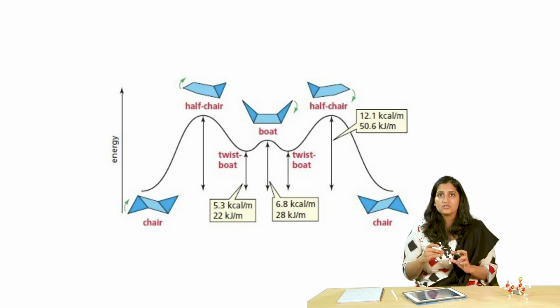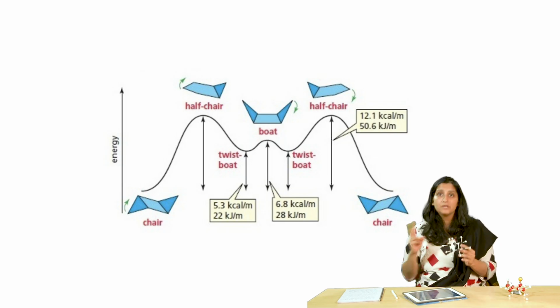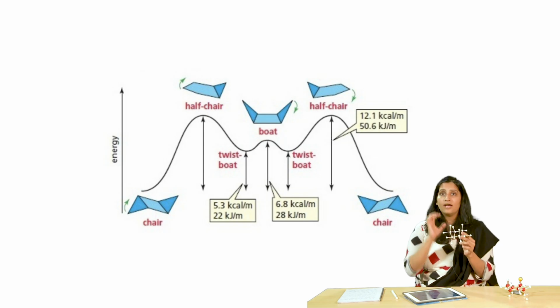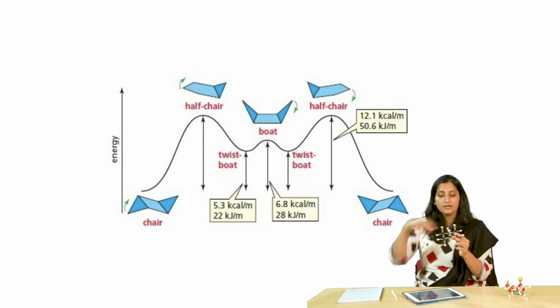What about the hydrogens? If I want to look at the hydrogen NMR of cyclohexane, ideally I should be able to see two peaks, because as we saw, axial bonds are different from the equatorial bonds. They are in a different environment.